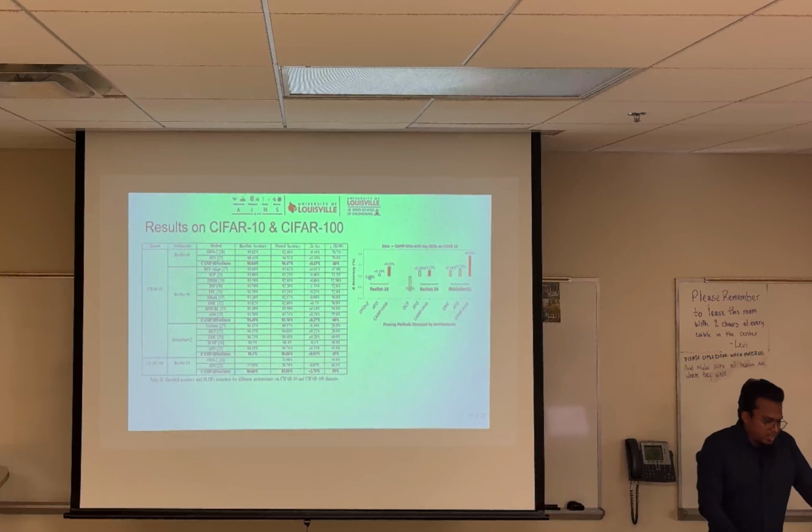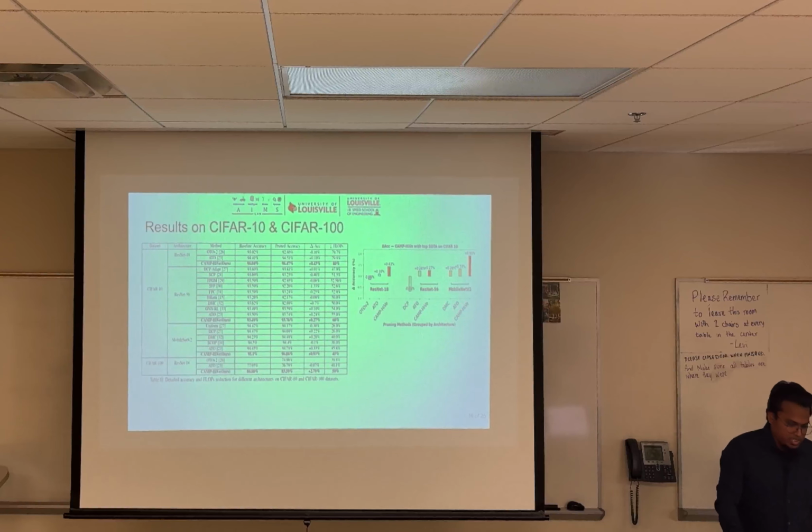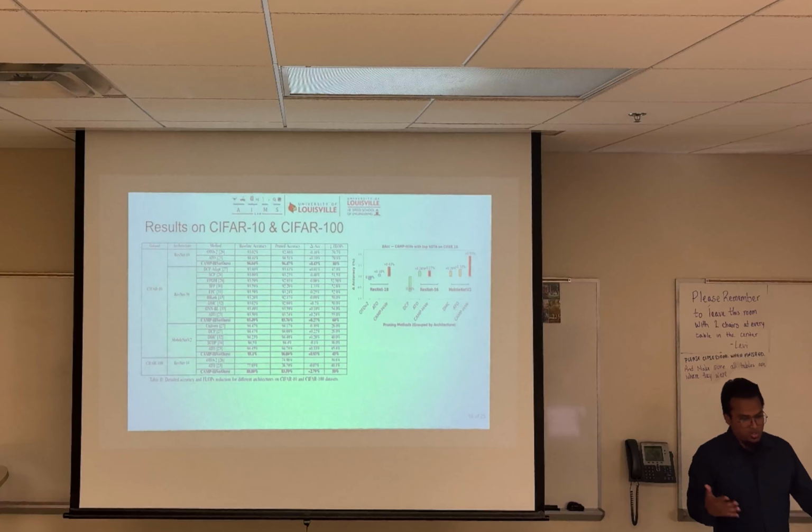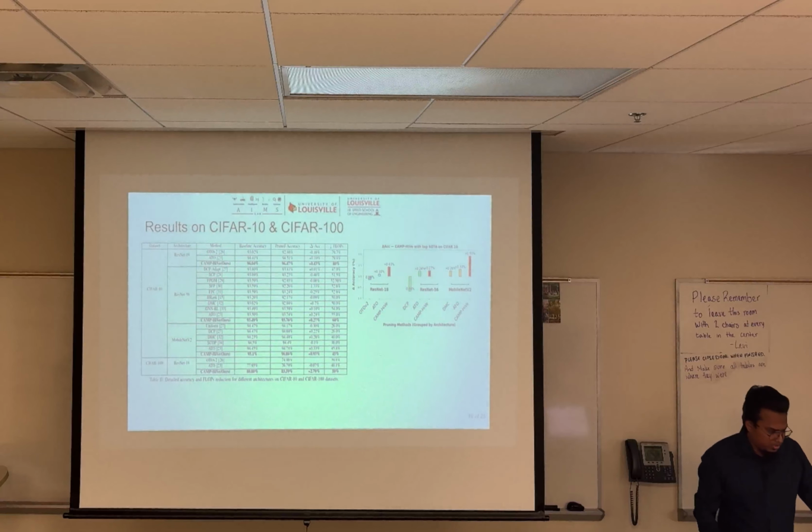Now in CIFAR-100, we also see a similar trend. We achieve 2.79% delta accuracy. ATO version 2 didn't report delta accuracy, but ATO has a delta accuracy of minus 0.07. So ours is a significant one.